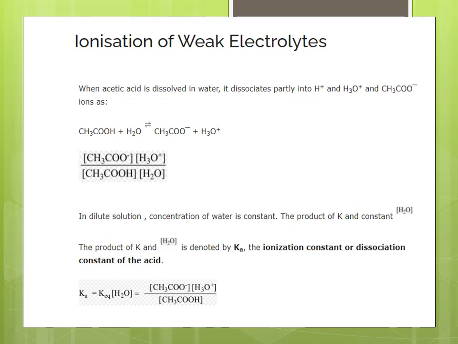So Ka is equal to K times the equilibrium molar concentration of water, which is equal to the molar concentration of CH3COO negative and the molar concentration of H3O positive divided by the molar concentration of the acid. Now there is no water molecule in the expression of Ka.